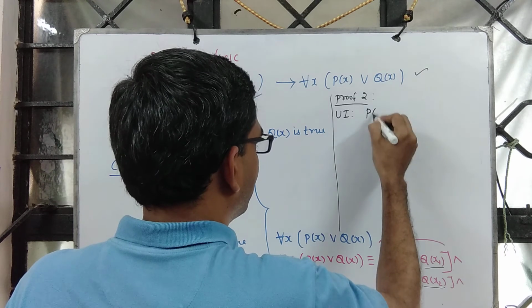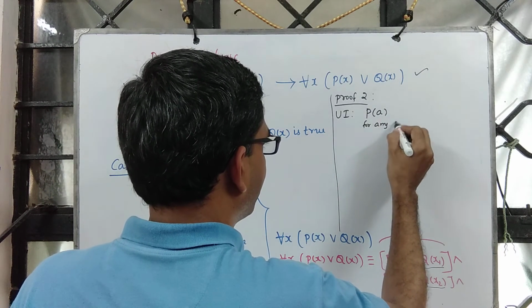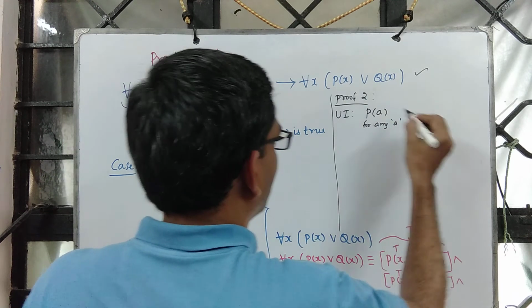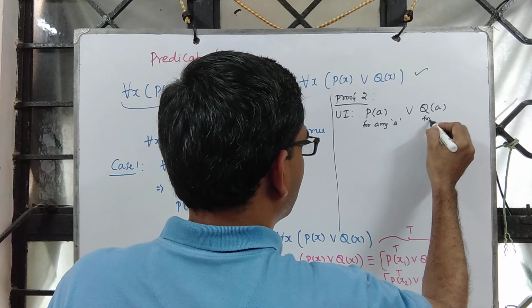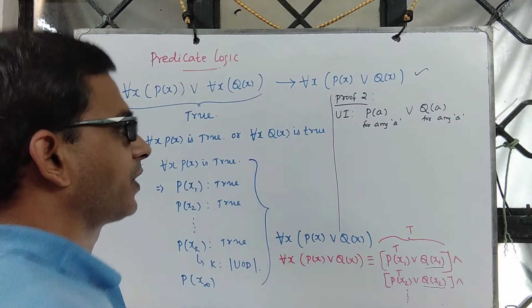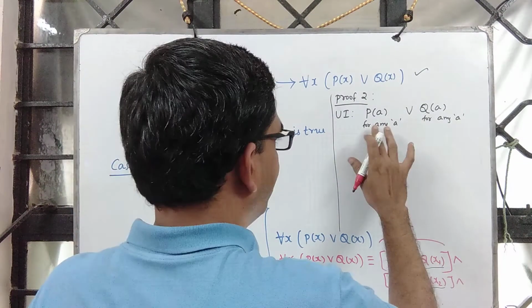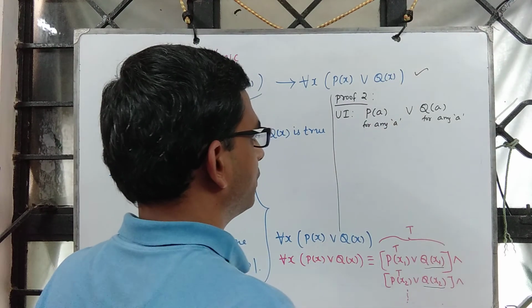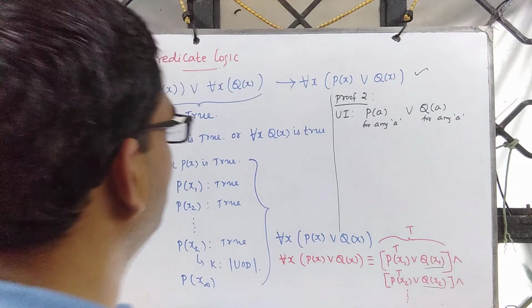So you get p of a for any a, or q of a for any a. Now for any a, this is true, and for any a, this one is true.